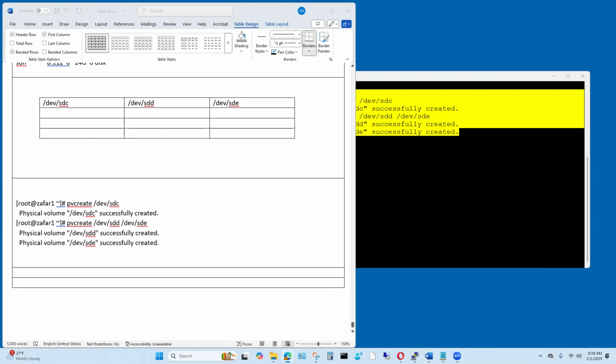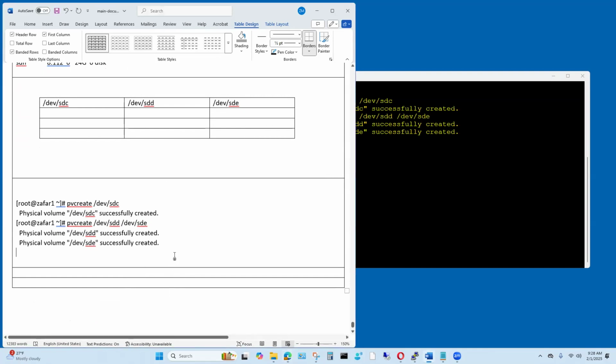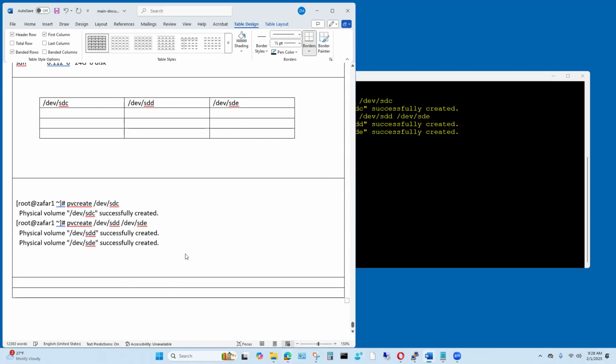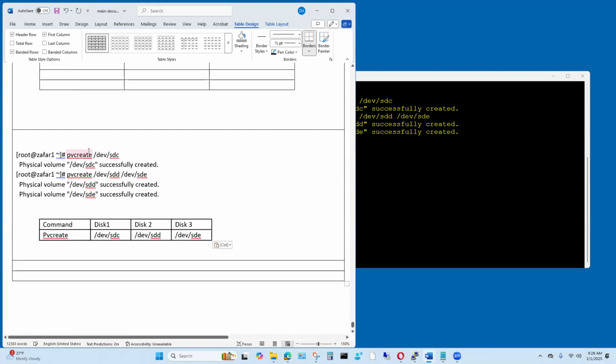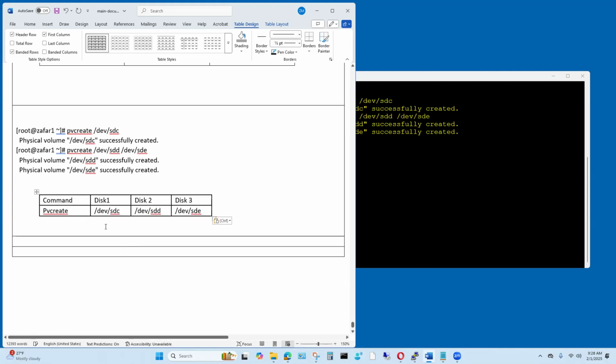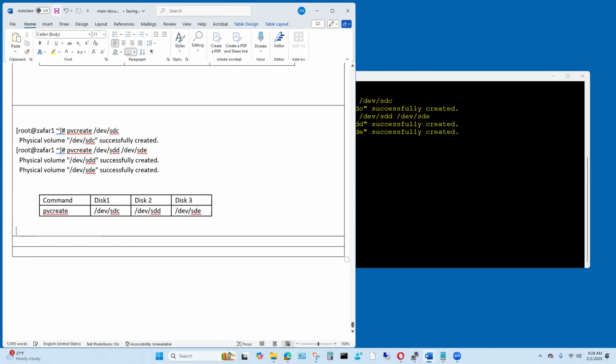So the first one is a command, and the second is the disk, disk2, disk3. And always, if you encounter uppercase or lowercase in the document, those are all lowercase, not uppercase.